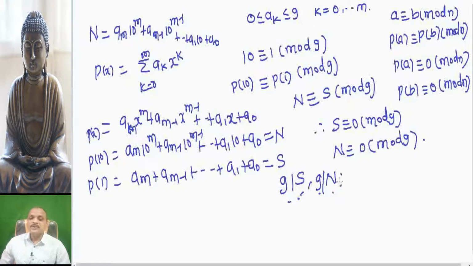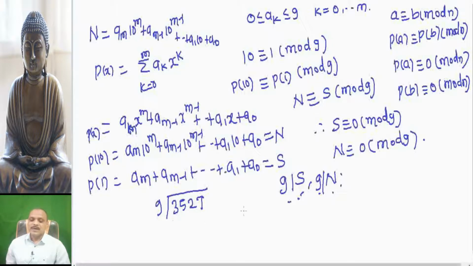That means we do not need to check the greater number. We just have to take the sum of these coefficients, a_m plus and so on plus a1 plus a0, and that is called S. For example, if we take the number 35727 and I want to check whether this is divisible by 9, then we do not need to carry out the lengthy division process by 9.